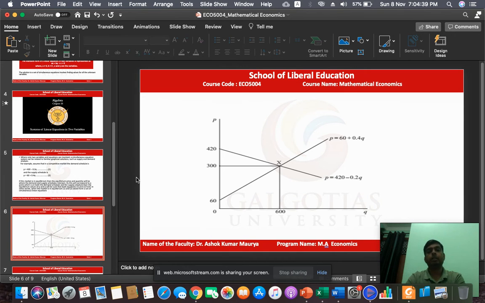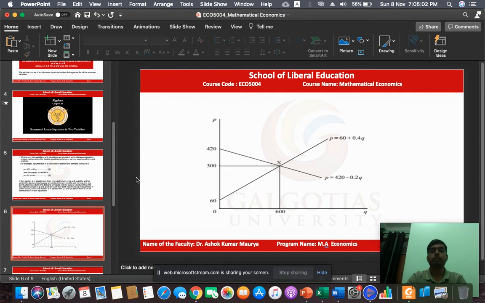So here we can get the value of p and q. We can say that the value of q is 600 and the value of p is 300. So this is a simple and important application of linear equation.